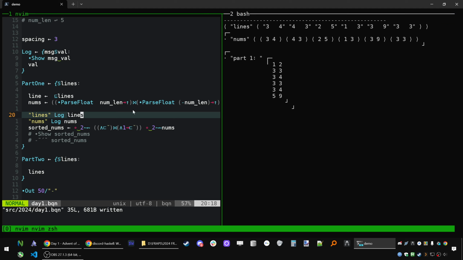Okay, let's get rid of the sorting for now. This is sorting, right? Yeah. Sort up. Perfect. So 3, 4. Okay, this is interesting. Negative 5.